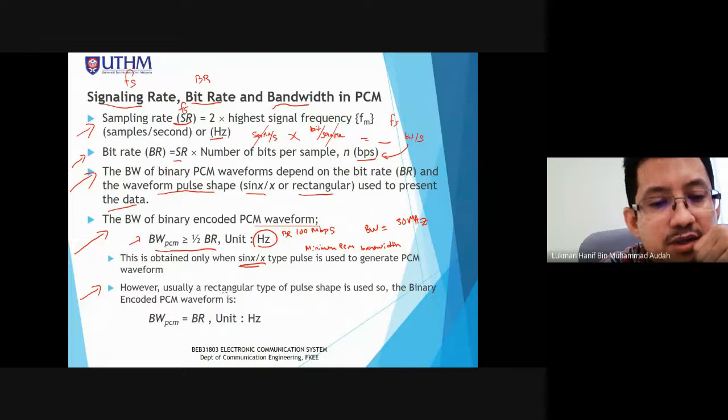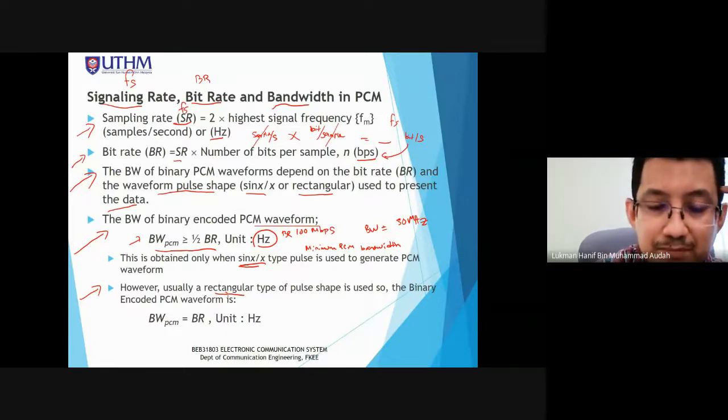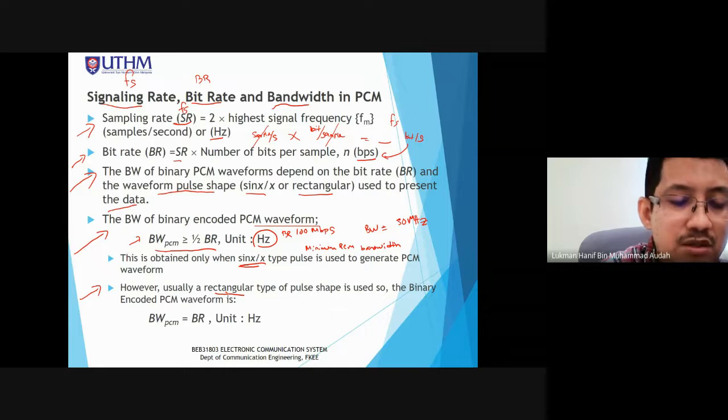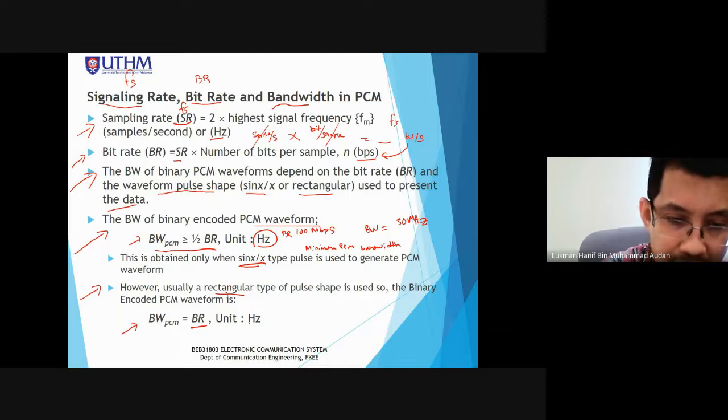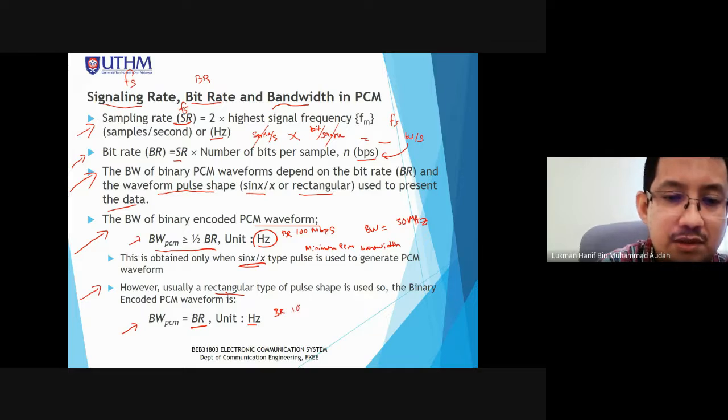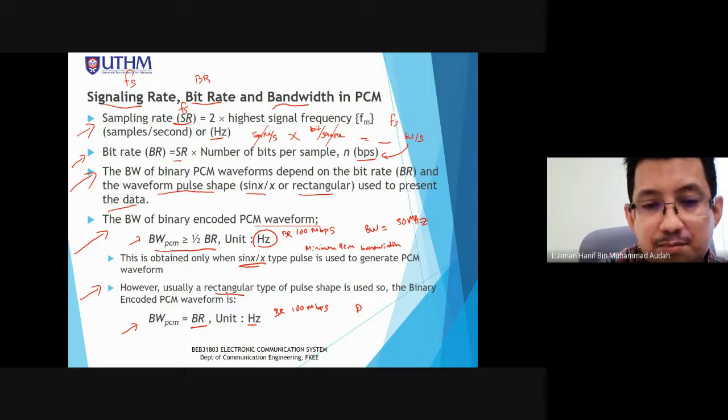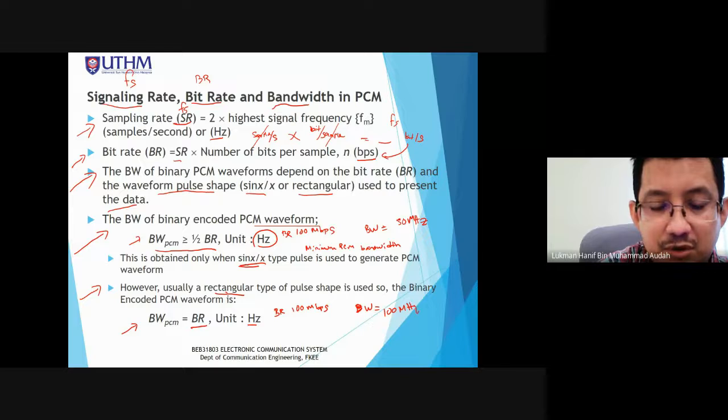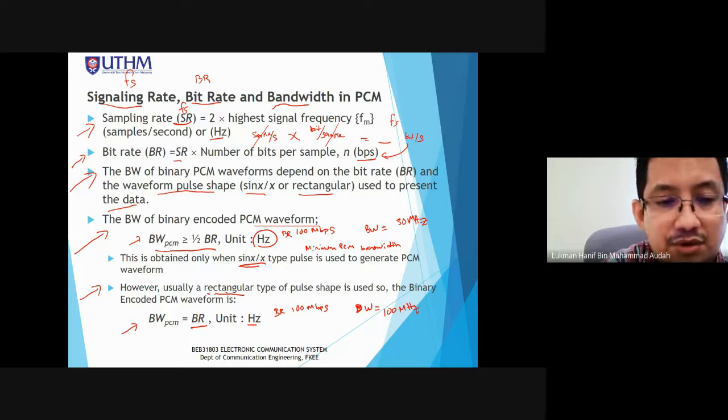If we use a rectangular pulse shape during the sampling process, therefore the bandwidth requirement for PCM is equal to the bit rate. Unitnya dalam hertz. Maknanya, kalau bit rate saya 100 megabit per second, that means it requires bandwidth about 100 mega. But the unit is in term of hertz. Sama dari segi magnitude. Ini kalau kita menggunakan rectangular type of pulse shape.